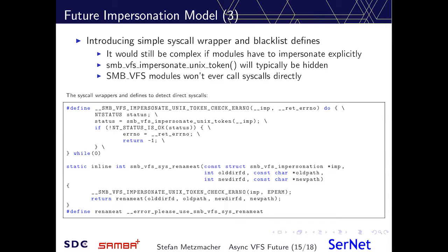It would just get the impersonation pointer and then the typical arguments for the syscall, and it would just do the impersonation and then call the syscall. And in order to prevent mistakes in modules, we would just define the rename add to something that breaks the compiler. And we would do that basically for all syscalls we expect modules to use.